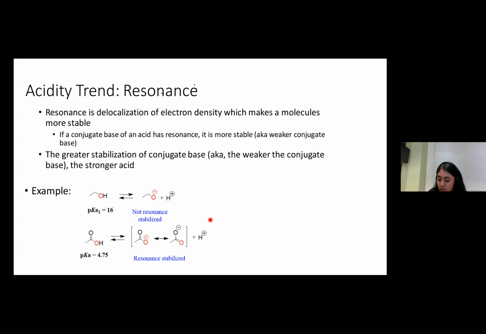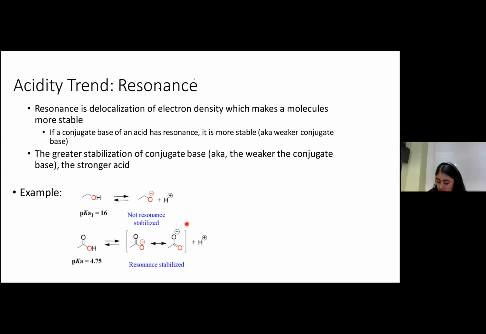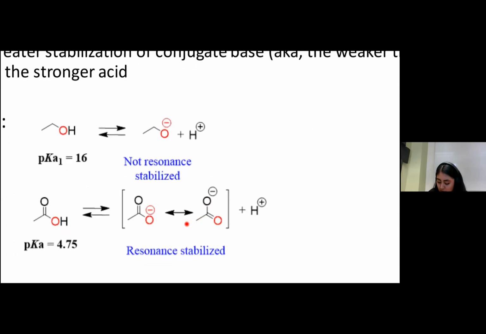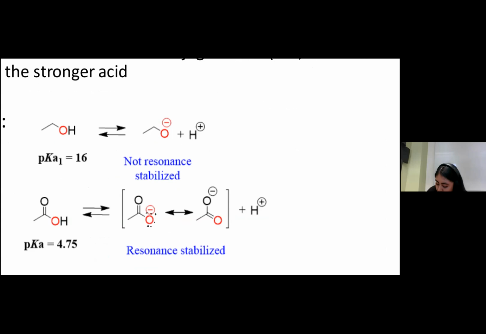And there's an example right here where first, if we focus on this one right here, this loses its H, and there's no resonance, versus this one right here, if it loses its H, because it's an acid. Then in this case, there is resonance. Let's zoom in just to draw that in. So there's electrons here.